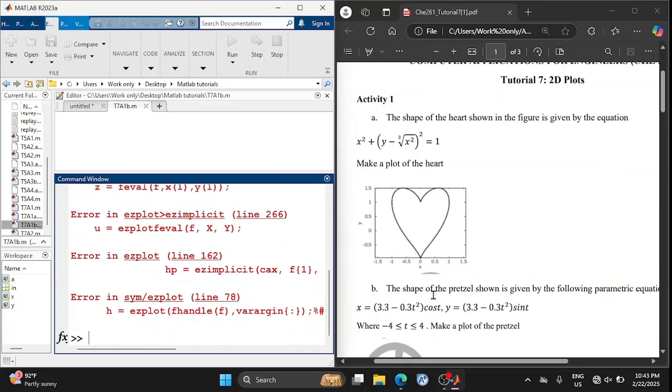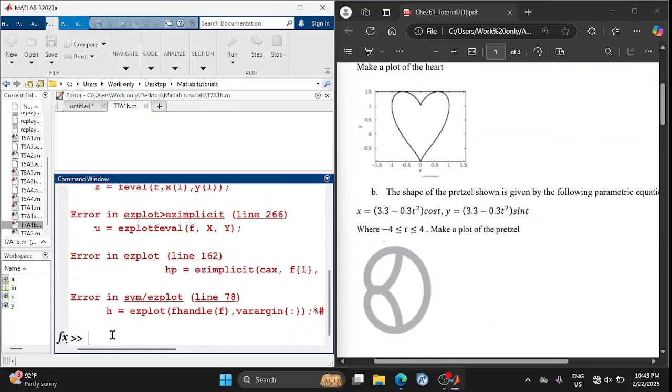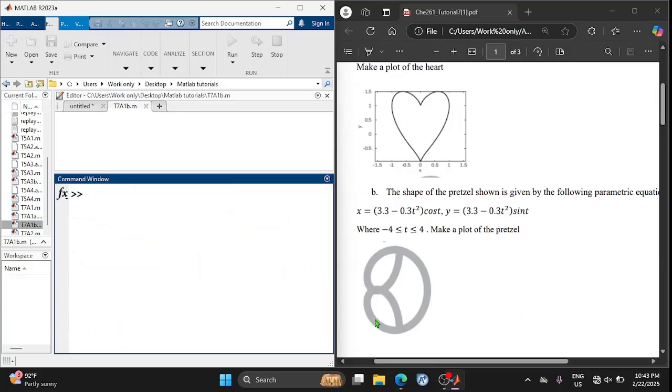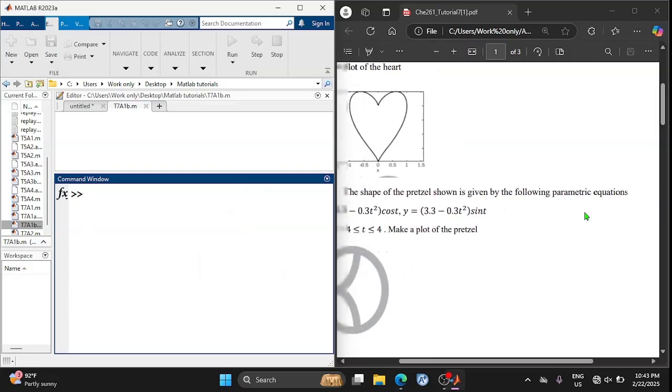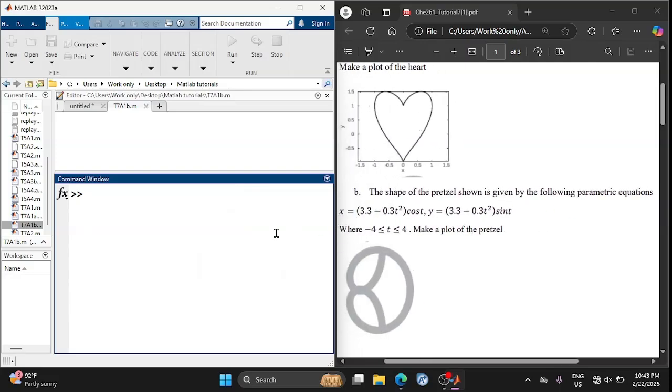Okay, now let's look at the next question. So let me clear everything. The next one is also plotting this shape, and we've been given the equations we are using, x and y. But you realize that we have another symbolic function in terms of t. So I'll start with syms t.